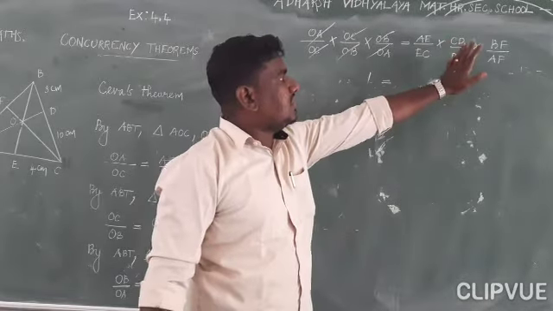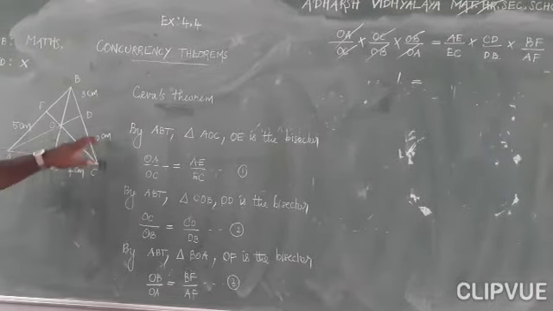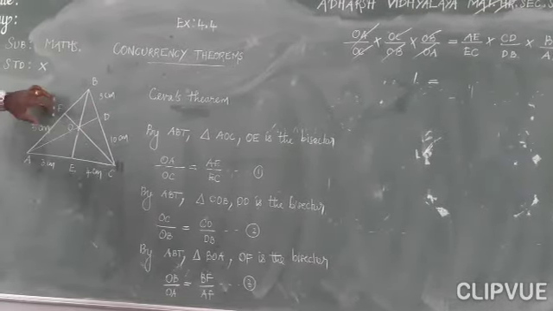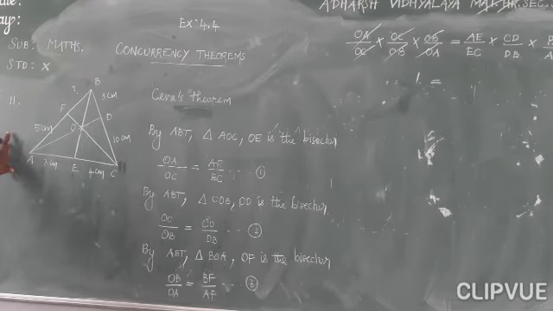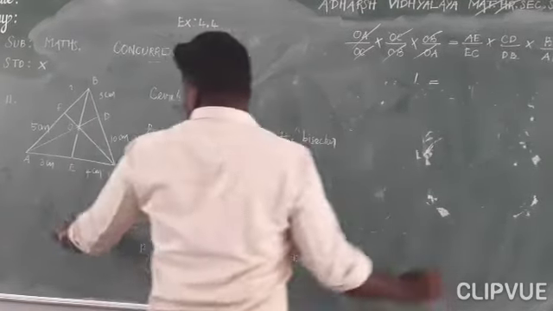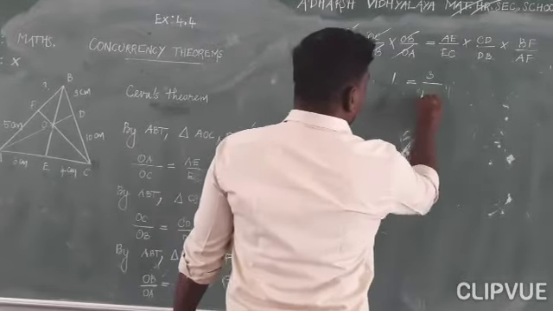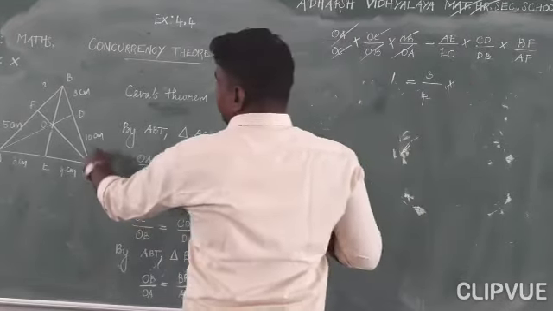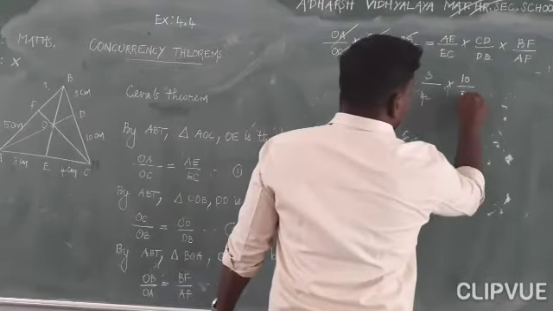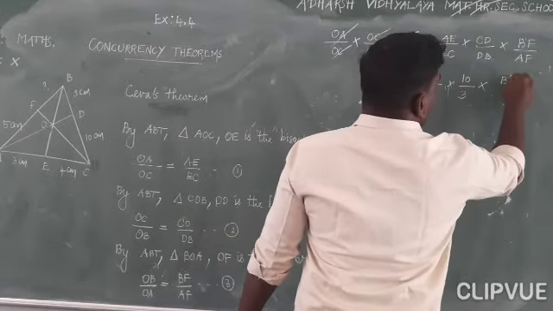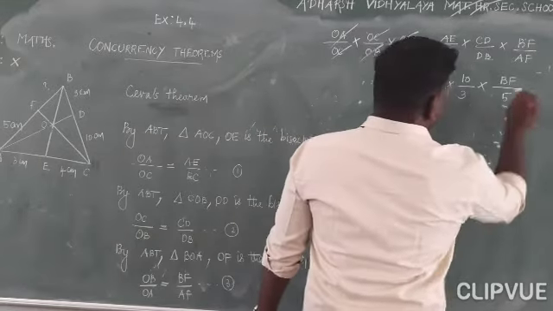Here some values are given. Look at the diagram. The AE, EC, CD, DB and FA values are given. This BF we are going to find. Okay, so substitute the values. AE is equal to 3 by EC is equal to 4 into CD equal to 10 by DB equal to 3 into this unknown BF divided by AF is equal to 5.